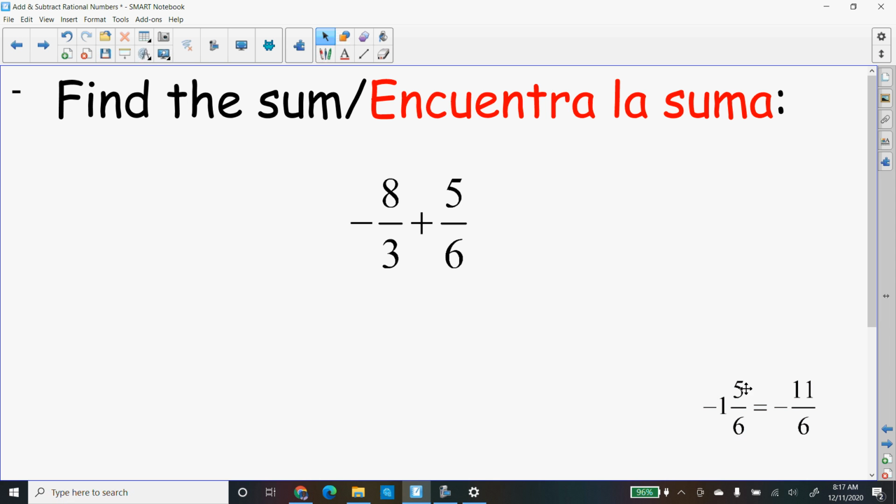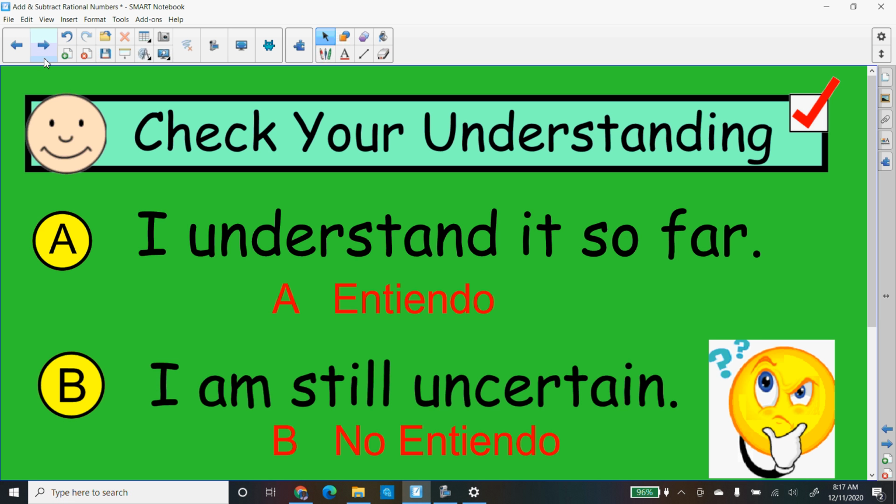Negative 1 and 5/6 equals negative 11/6. So I hope you got that answer. If you didn't, write me, and we will go over it in class. So write down your questions. I hope you understand what's going on. If you're not sure, watch the video and write down your questions and bring them in.